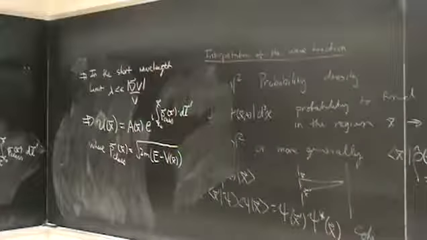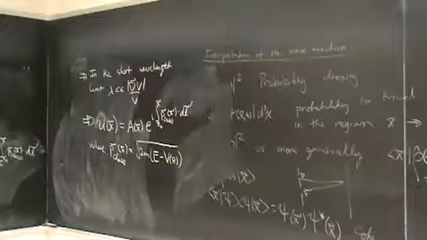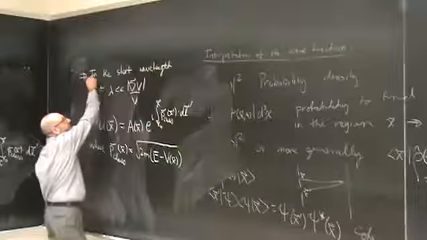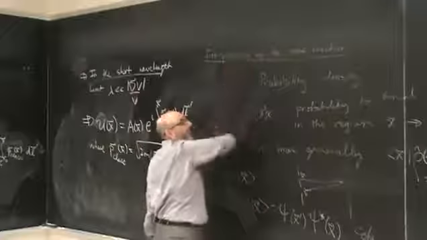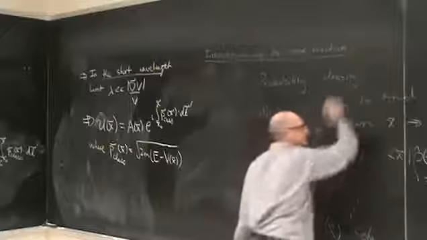Just like we wrote down over here. So this is approximate in this limit. It's a solution to the wave equation in that limit.